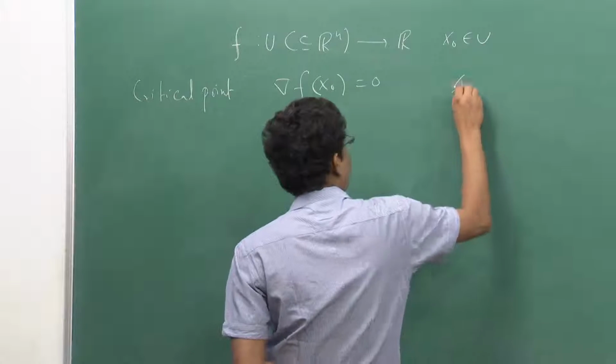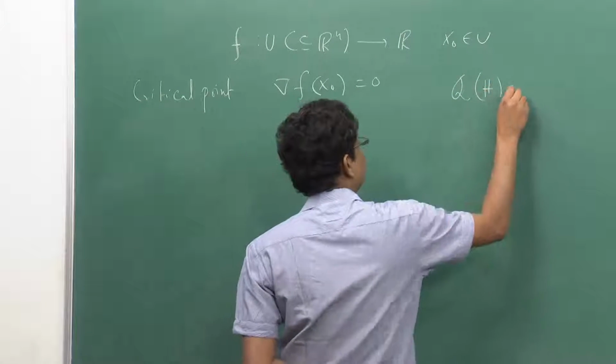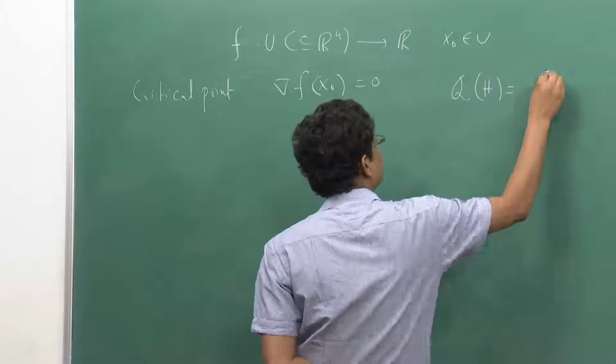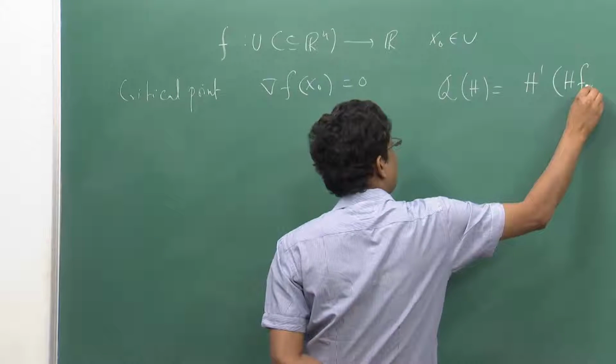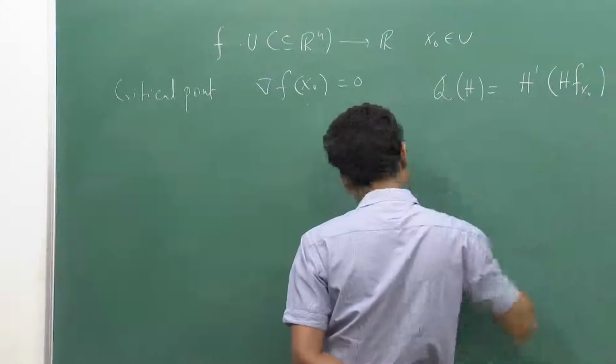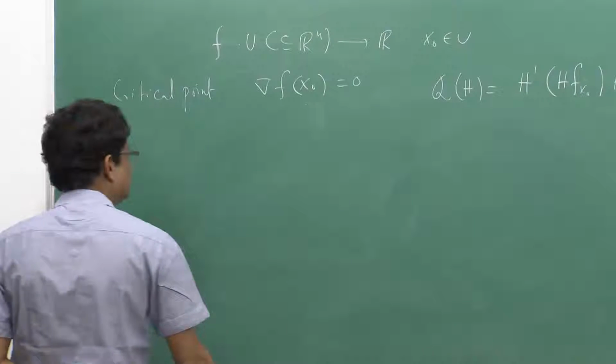Then we have taken Q(h) with half or without half, h prime Hessian f at x naught h. Okay.